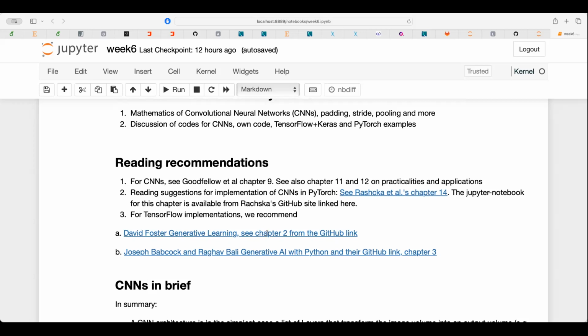From chapter 2, there is an example on how to use convolutional neural networks. Foster's book is one which we will use a little bit more when we come to generative models. But for now, for recurrent neural networks, autoencoders, etc., Raschka's textbook is often the one which fulfills many of our own needs.